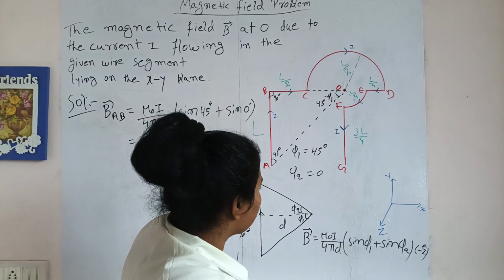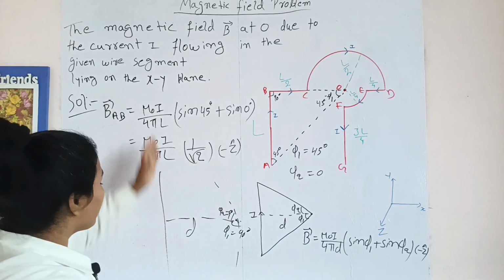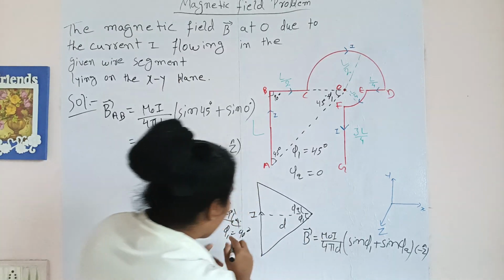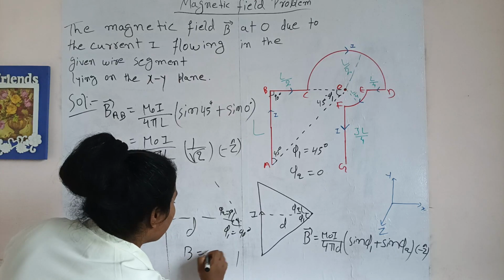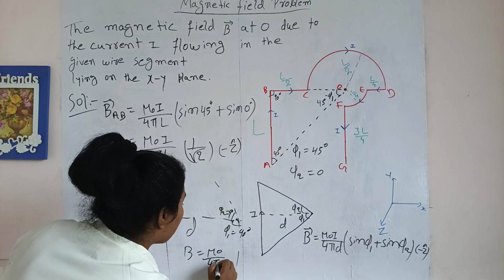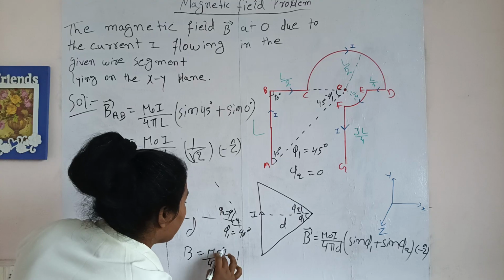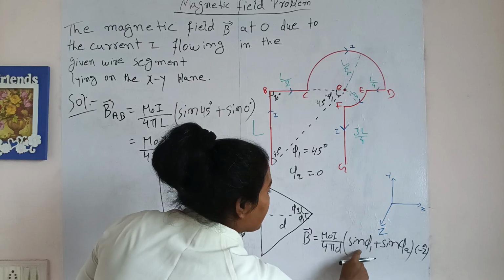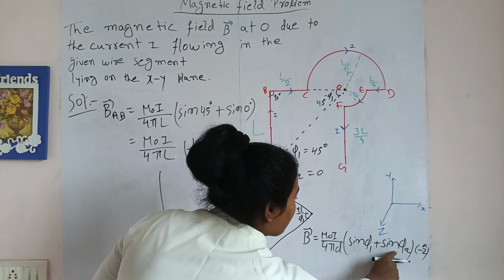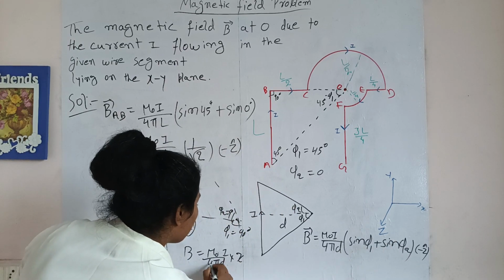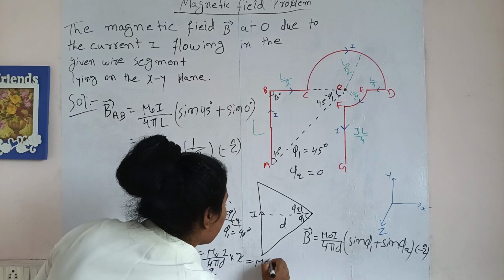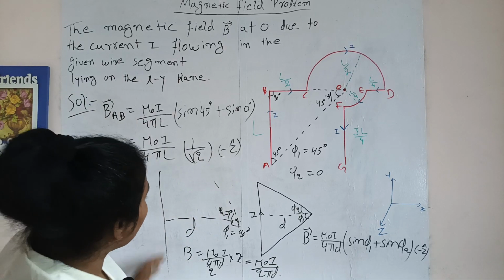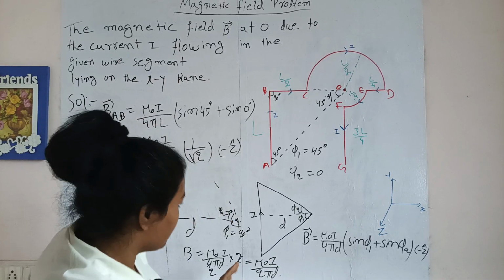So for an infinitely long wire, these two angles become 90 degrees, and then our result will be mu naught I by 4 pi d, and sine 90 equals 1 and sine 90 again equals 1, which means 2. This 2 cancels, and it becomes mu naught I by 2 pi d, for an infinitely long wire at a perpendicular distance d.